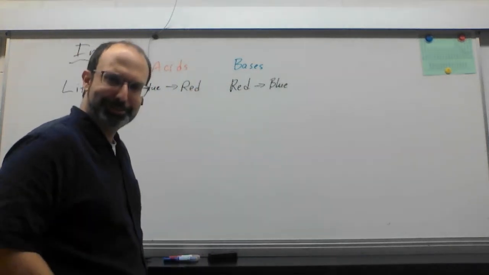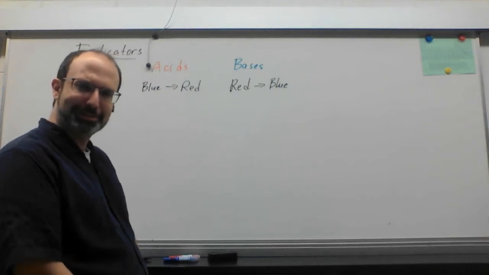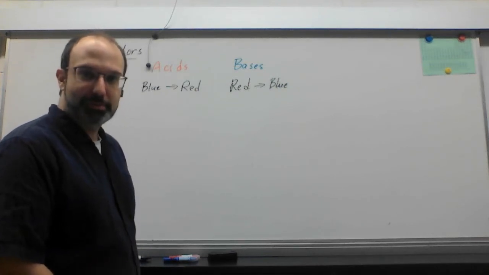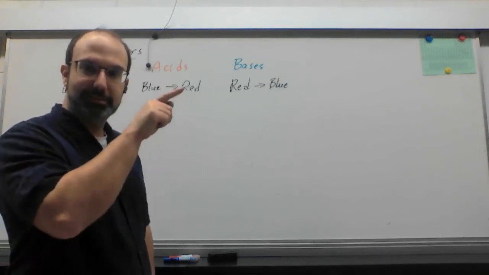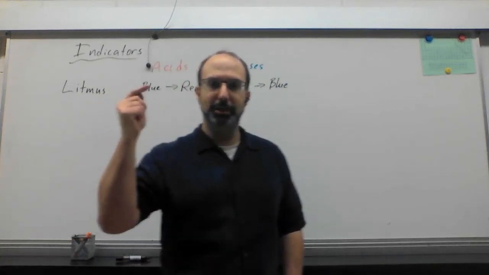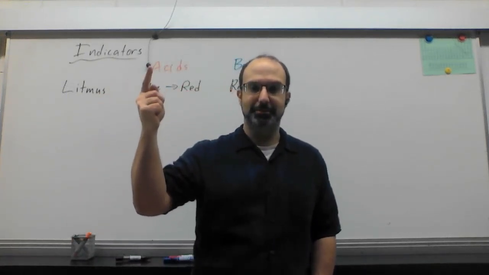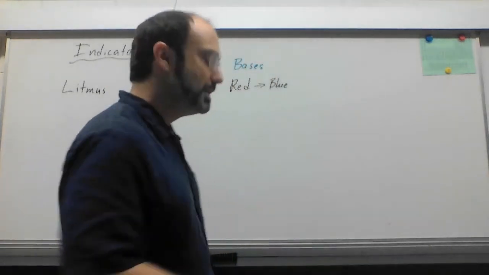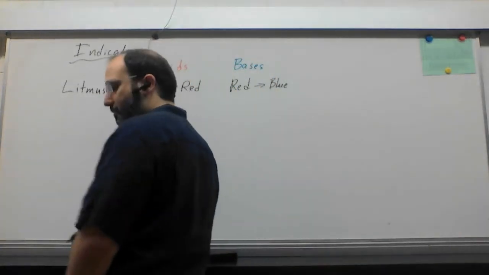Oh, I wonder if there's a reason why I was using those colors for everything this entire time. So the thing to remember is that red litmus paper turns blue in a base, blue base. Blue turns red in an acid, red acid. All right, so that's litmus paper. It's pretty good. That's a starting one anyway. But we've got more than that. We can go much further.